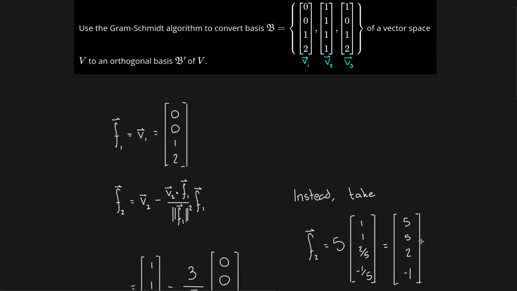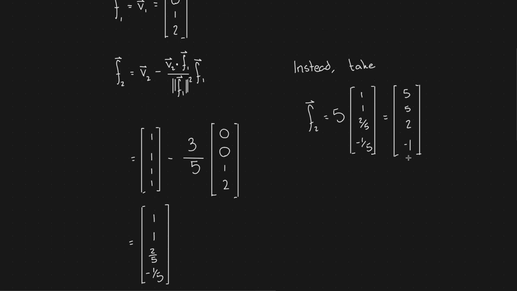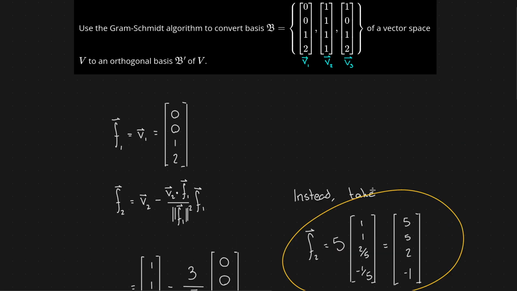So I'm just going to get 5, right? Divided by the norm of F2 squared. Again, I want this one. It doesn't matter which one of these you use, as long as you're consistent. If I'm going to use this F2 to take the dot product, I need to use that same F2 throughout, okay?